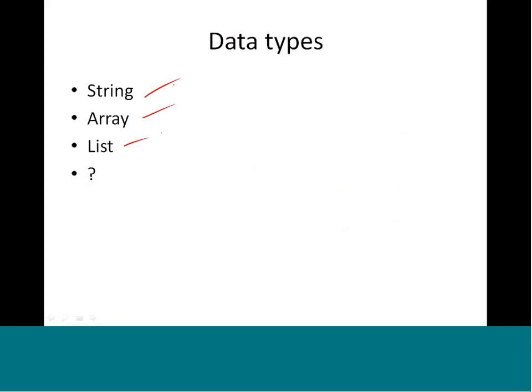The string is nothing but a sequence of characters, and a string can be within quotes. Basically, you can embed strings within quotes, or you can have just generic strings of some letters.